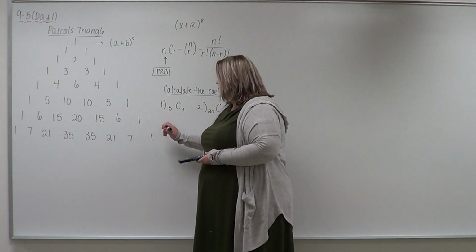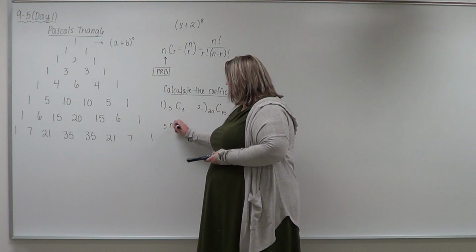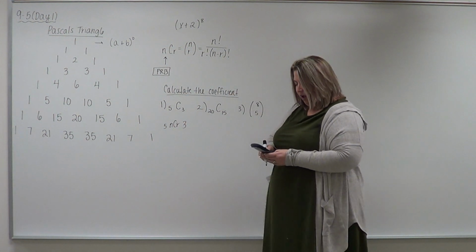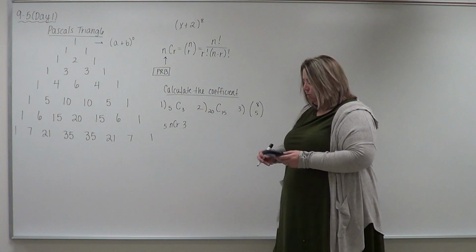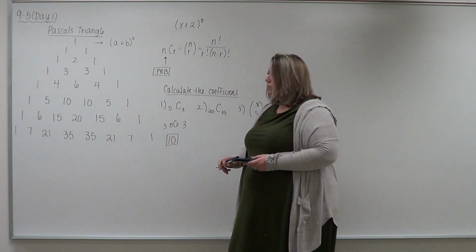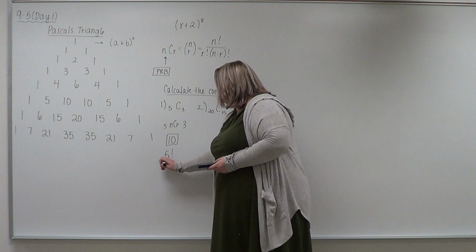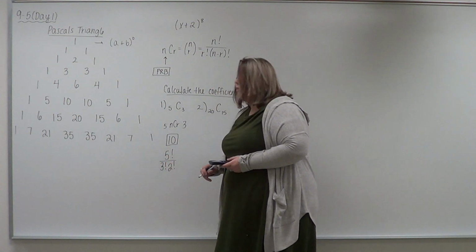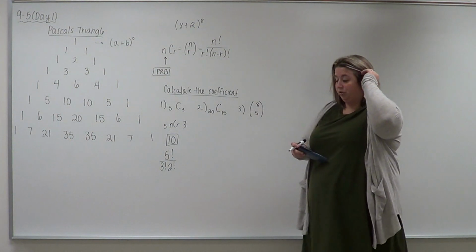So I would do 5, go find the nCr button in my PRB, and then I would put 3. When I hit equals, I get 10. Okay, that will give you the same answer as doing 5 factorial over 3 factorial times 2 factorial. This is just a lot simpler and quicker if you use your calculator.